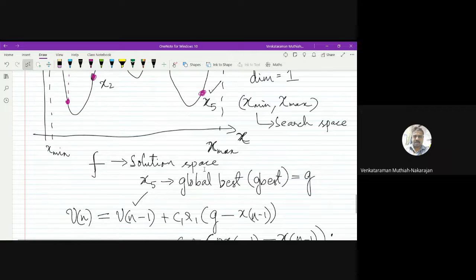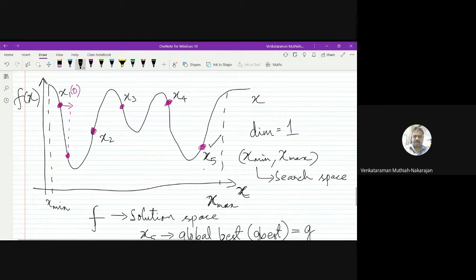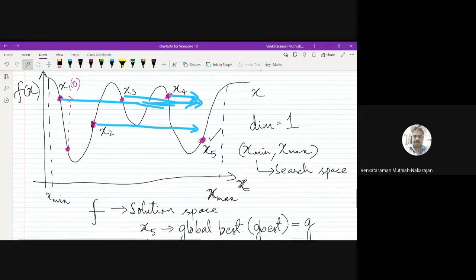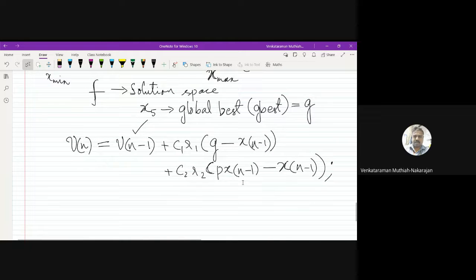I am asking all the particles to have one component of movement towards the global best, that is x5. x2 will also move towards x5. x3 will also move towards x5. x4 will also have a component moving towards x5. It may be better, it may be worse, but we don't know. We can only try that. And that is the heuristic intuition behind particle swarm optimization.